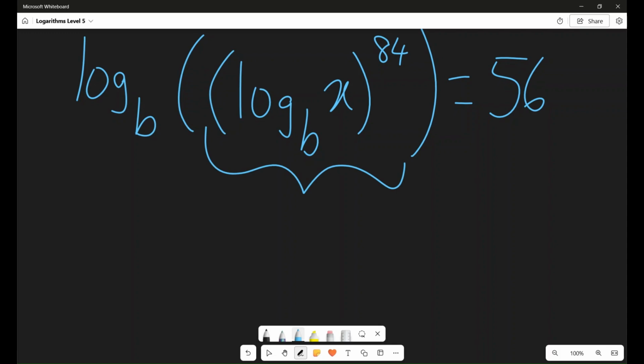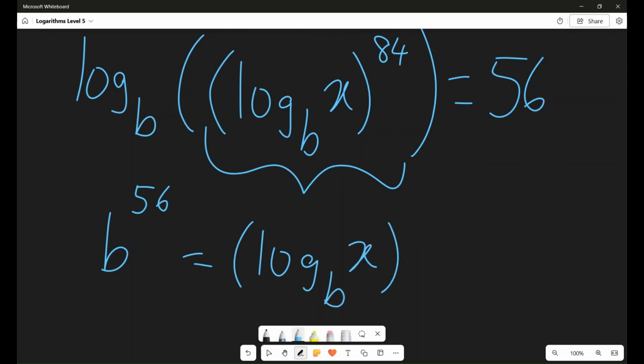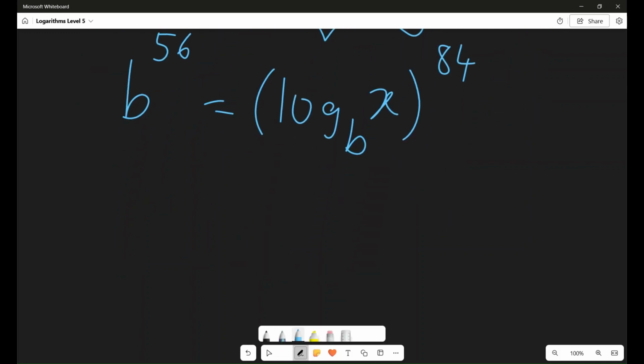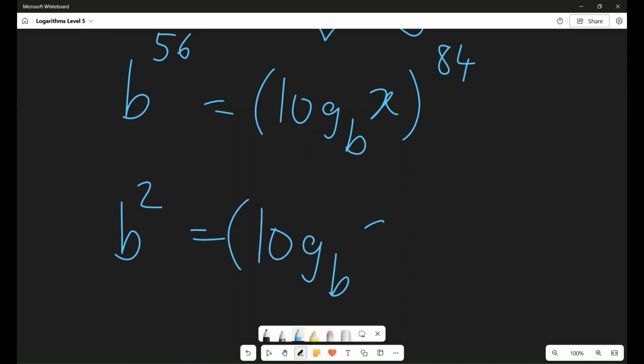We also don't want logarithms in the bases, so we can convert this into exponential form again, and we get b to the power of 56 is equal to log base b of x to the power of 84. Now, obviously, these exponents are fairly large numbers, and we can notice that they're both divisible by 28. So we get b squared is equal to log base b of x to the power of 3.